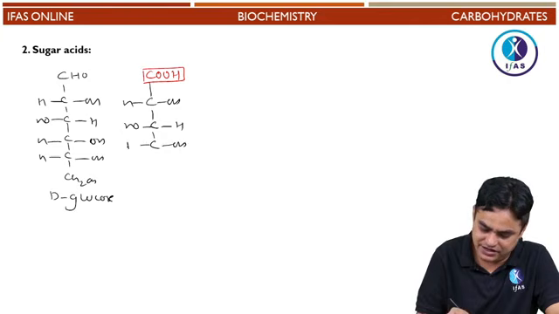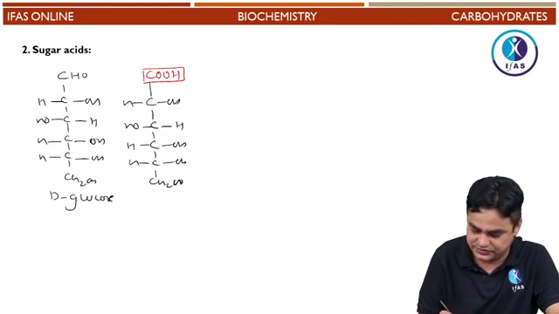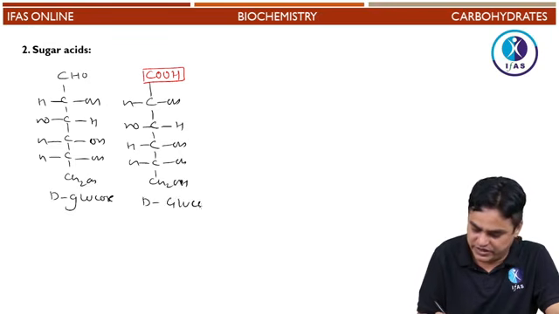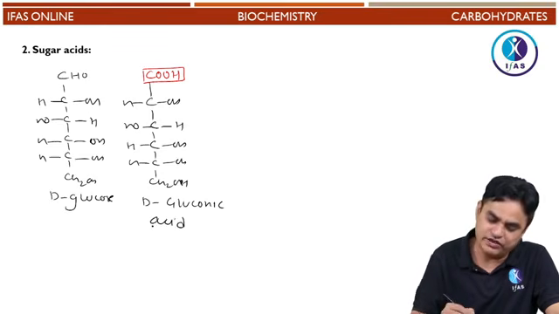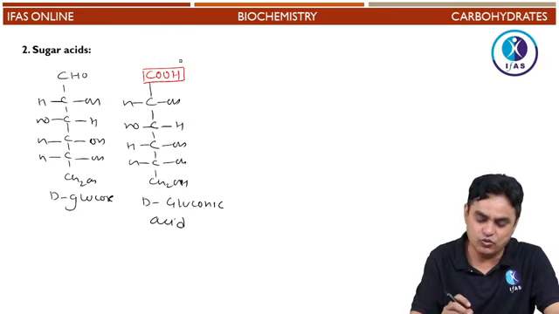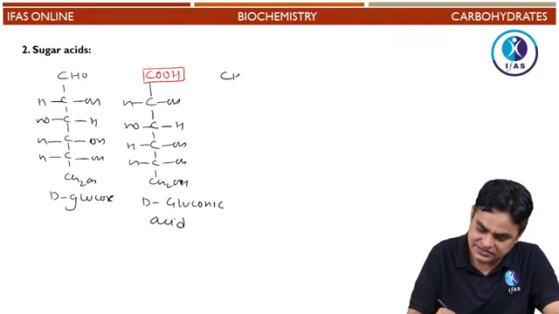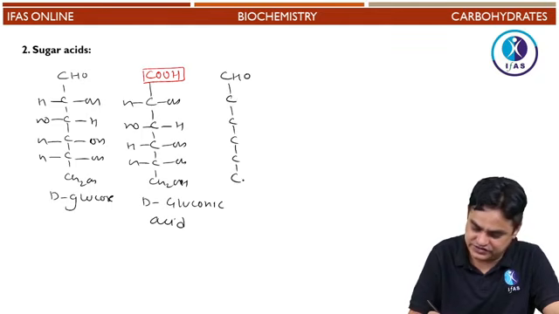This is an acidic sugar derived from glucose, referred to as D-gluconic acid, or simply if this H gets deprotonated, it is like COO minus, then it could be referred to as gluconate, D-gluconate.